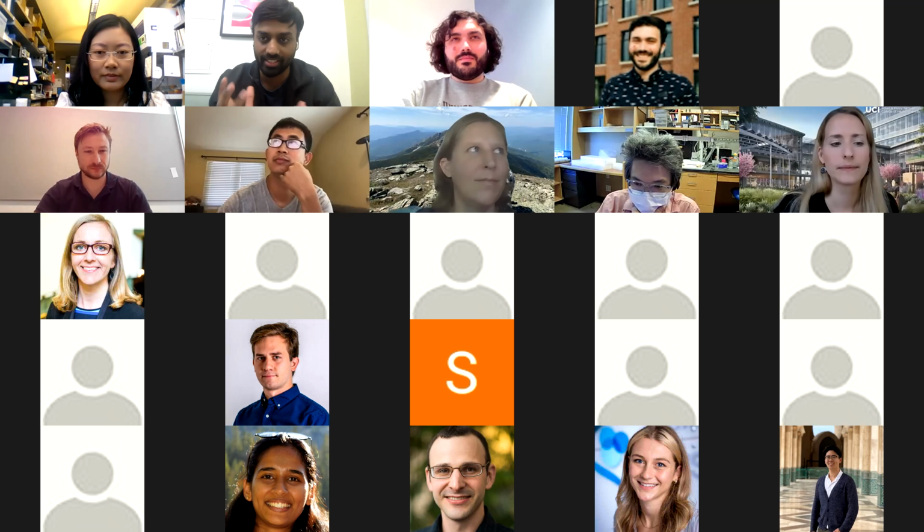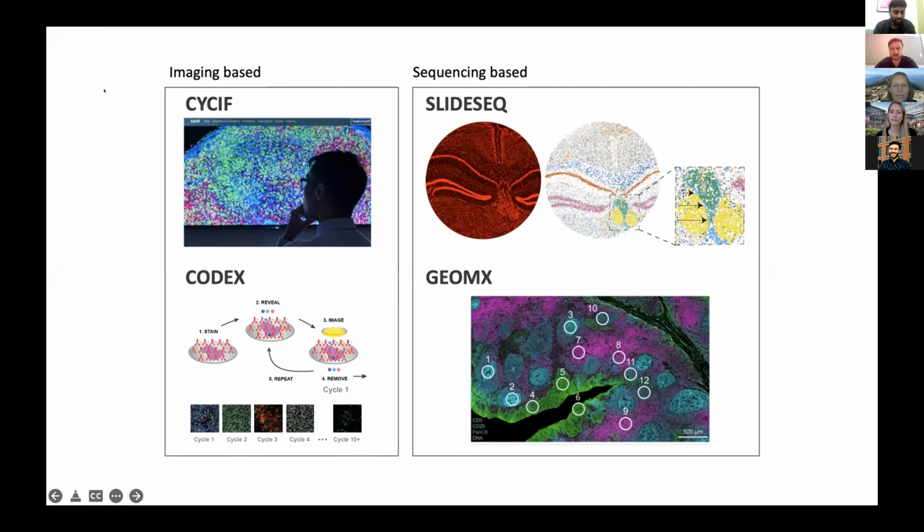Can you see my screen? Mm-hmm. Let me go to full screen mode. Okay, there we go. And you're seeing the right version, right? Yeah. There are too many screens to work with.